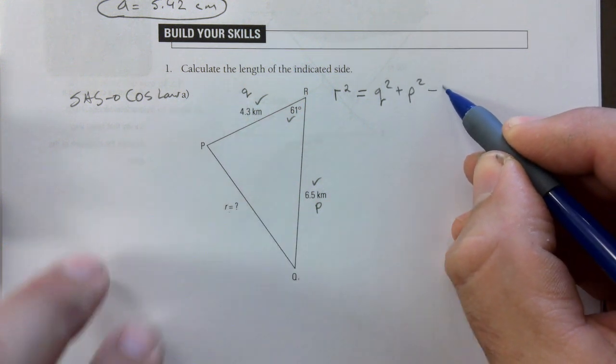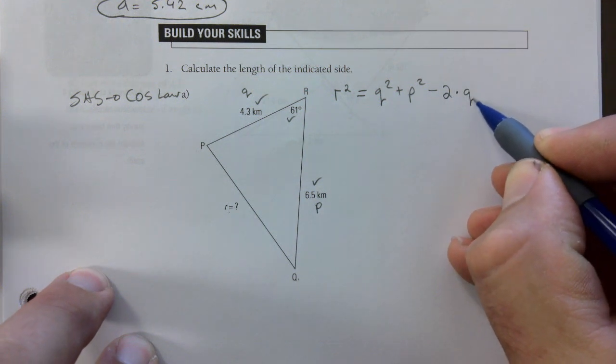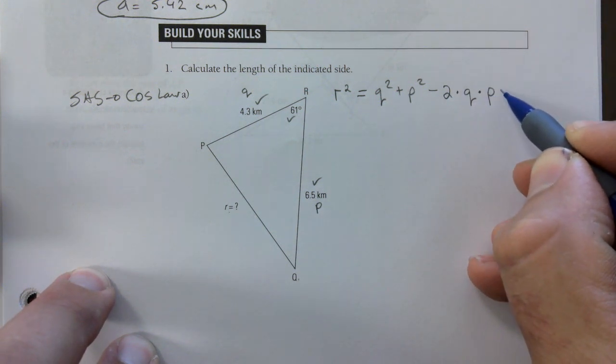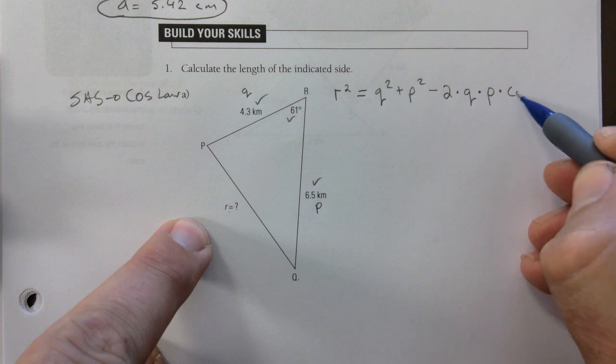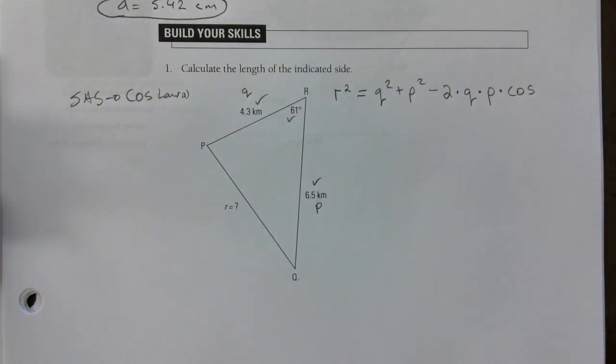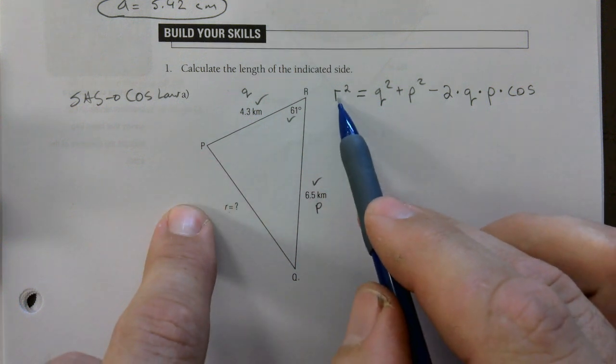minus 2 times q times p times cosine of what? Mr. Dirks, my formula only has A, B, and C. I can't do this. But what did I make you do? I made you use red, right? So what's across R?